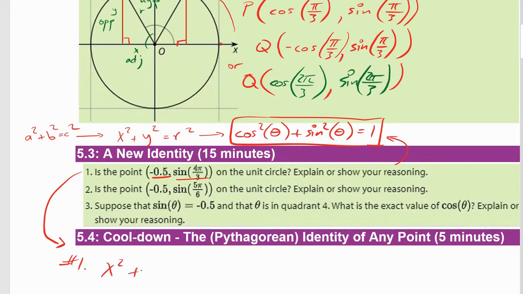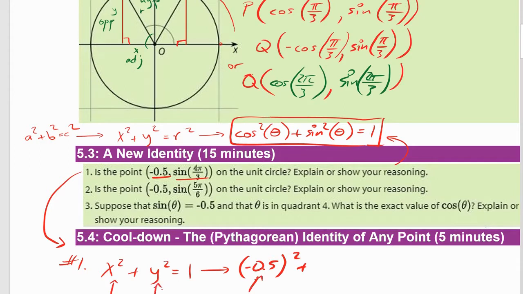x squared plus y squared equals 1. So test this coordinate. x was negative 0.5, and you're squaring it, plus y squared, which is the sine part. They actually give you sine of 4 pi over 3. So we're using x squared here because they actually gave us a number.